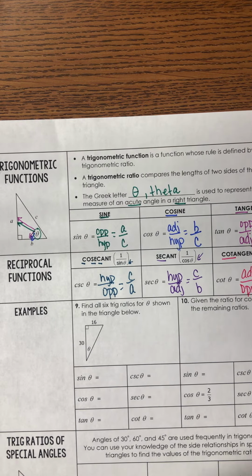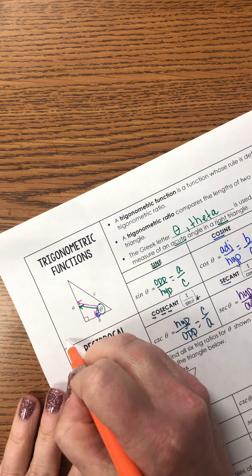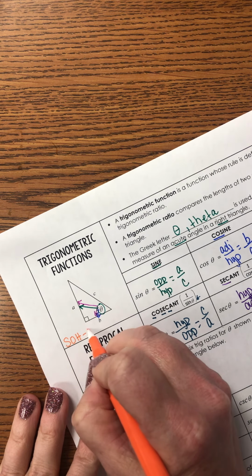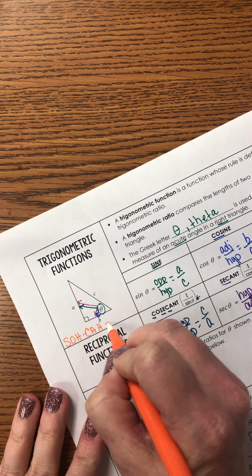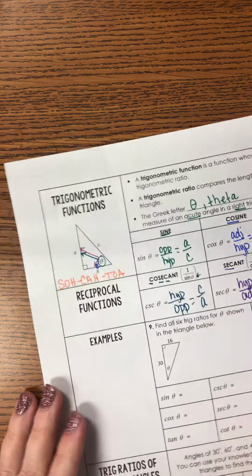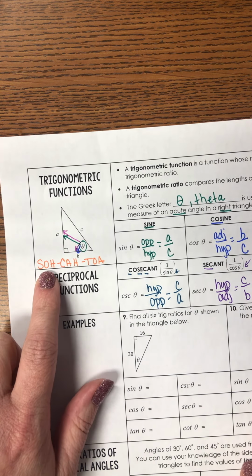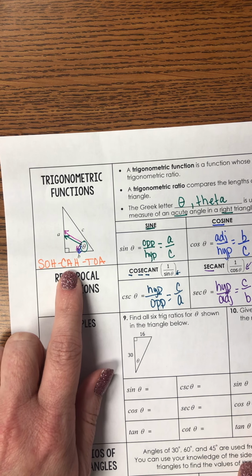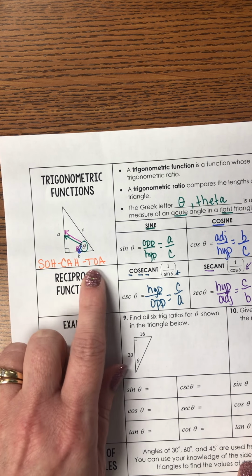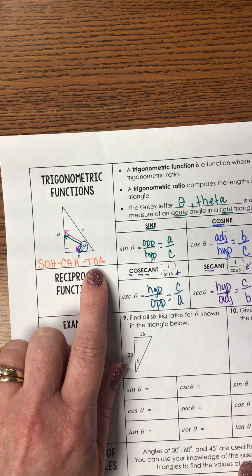Now, the original 3, sine, cosine, and tangent, you can use SOHCAHTOA. And that helps you remember that sine is opposite over hypotenuse, cosine is adjacent over hypotenuse, and tangent is opposite over adjacent.